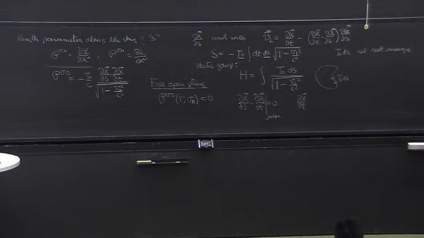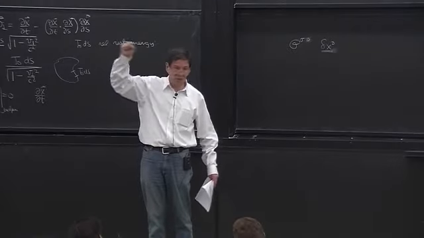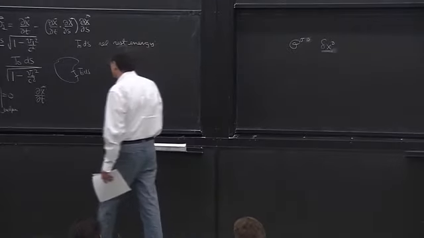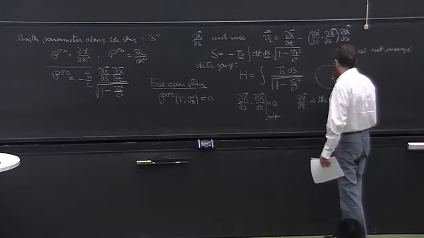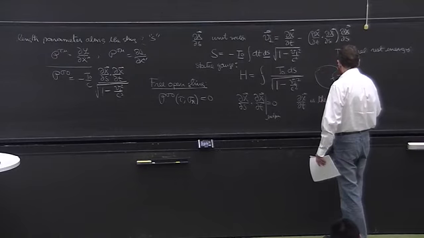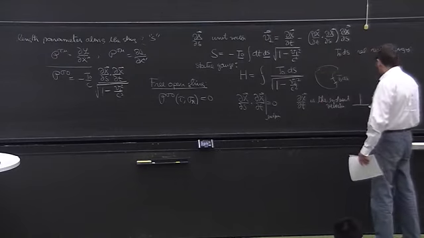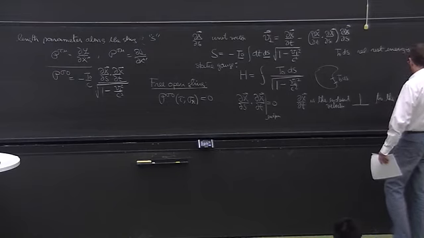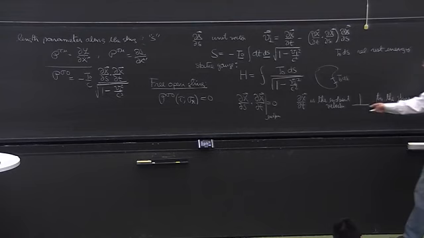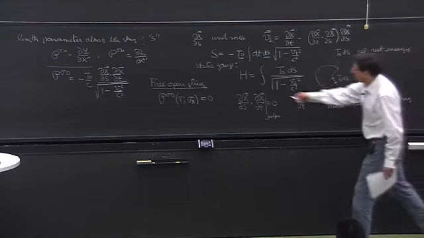There's no ambiguity. You are at the endpoint, and if you don't change sigma, you remain at the endpoint, so that is the velocity. Dx dt is the endpoint velocity, and it is perpendicular to the string, because this dot product is 0 and this is along the string.